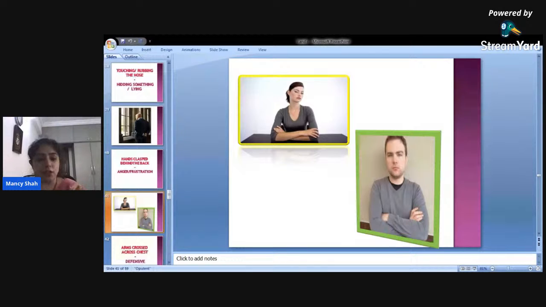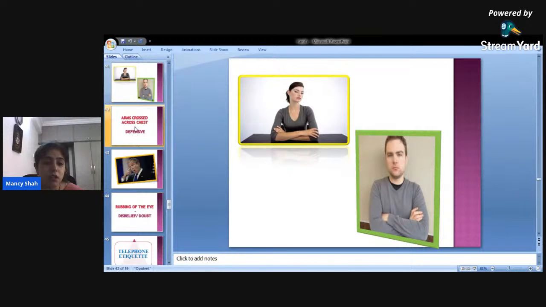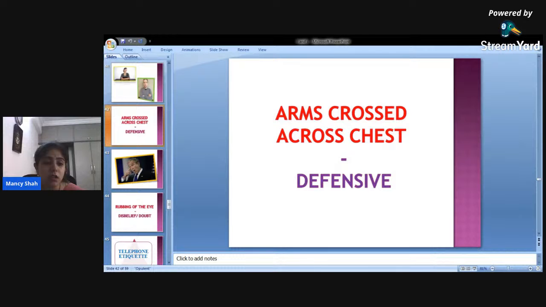Arms crossed across the chest shows defensiveness, that you are not an open minded person, as if you don't listen, as if you don't care what the speaker wants to tell you. So be careful while you make certain gestures in public.